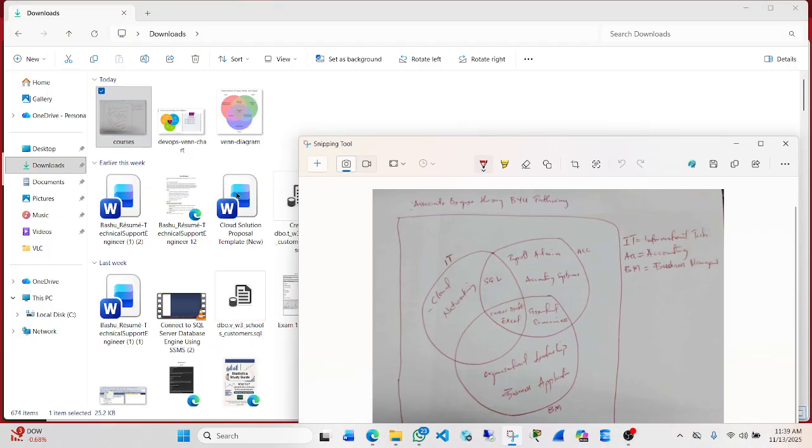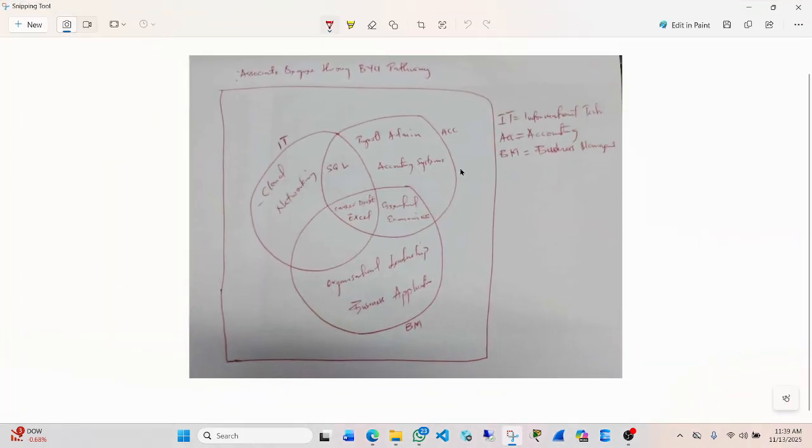Great. Now let me show you the Venn diagram I drew. I had to take a picture of it. Here it is. This Venn diagram I drew personally shows the associate degrees through BYU Pathway. I took three associate degrees: information technology, accounting, and business management. You can see them here. In IT we have courses like cloud networking.